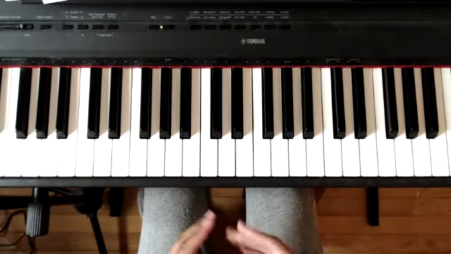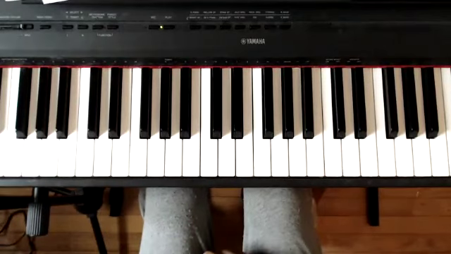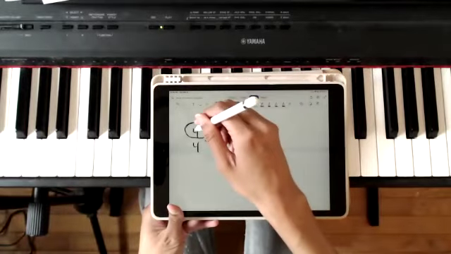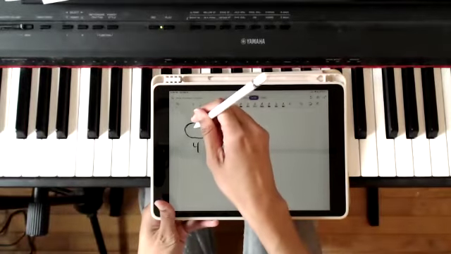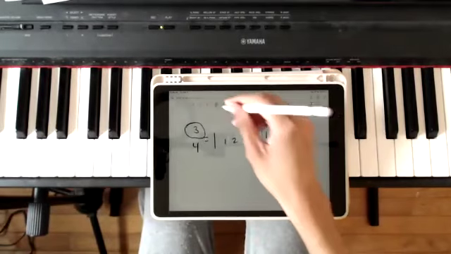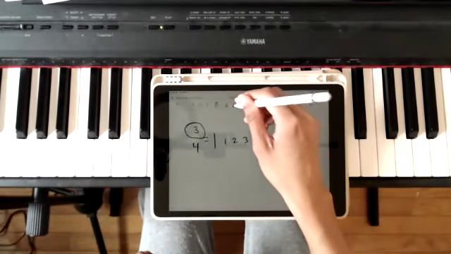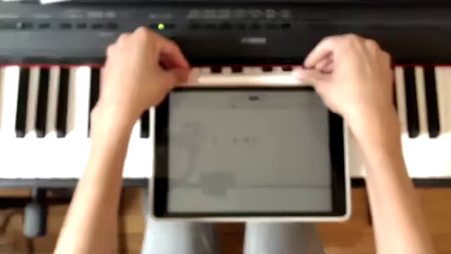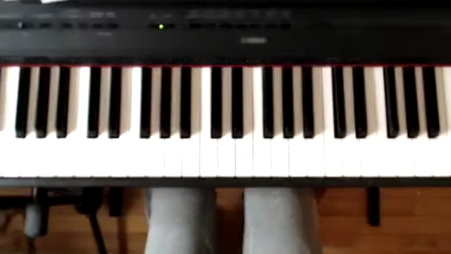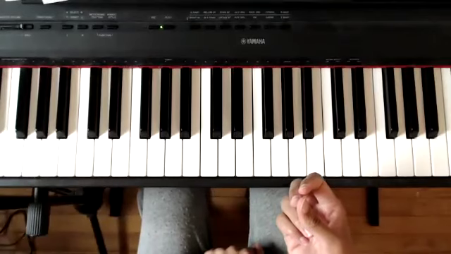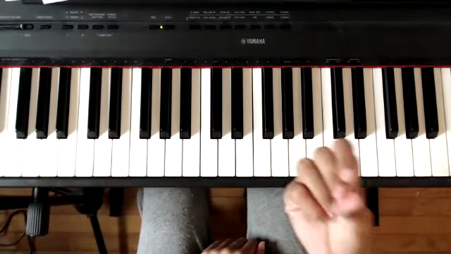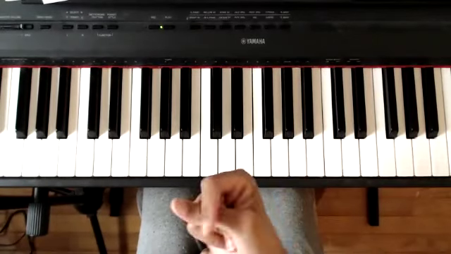And so if that top number that I showed you was not a 4, let's say it was a 3, then that means that the bar is no longer 4 beats long, it is now only 3 beats long. So you'll hear it in a song, where the song would be sounding like this. 1, 2, 3. 1, 2, 3.